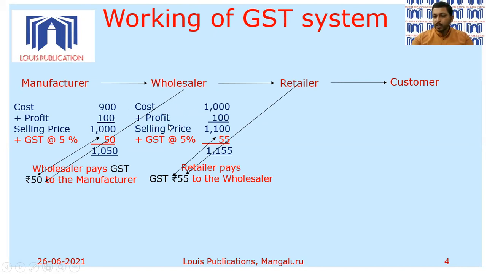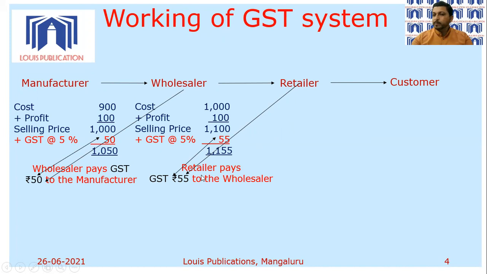The wholesaler will add his share of profit, let's say 100 rupees, and the selling price for the wholesaler is 1,100 rupees. GST will now be calculated at 5% on this 1,100 rupees, which works out to rupees 55. So the total GST payable by the retailer to the wholesaler is rupees 55.